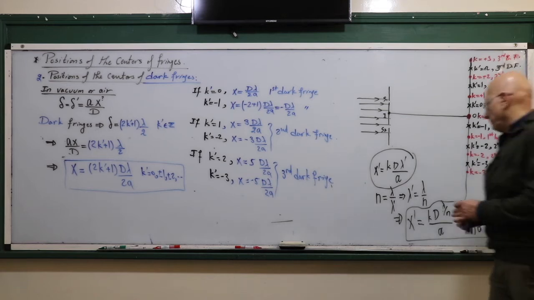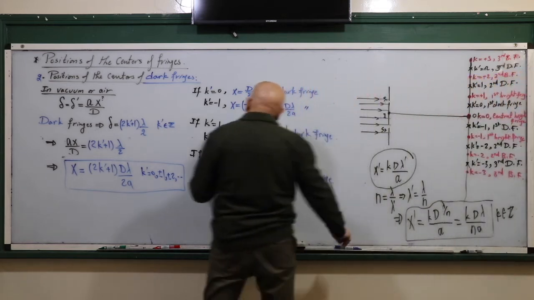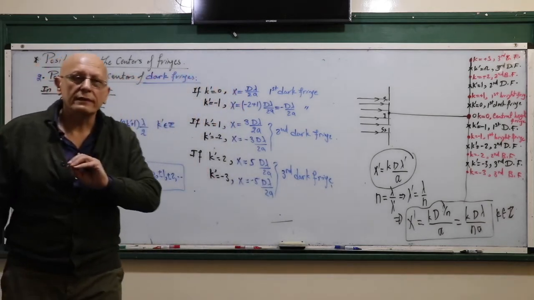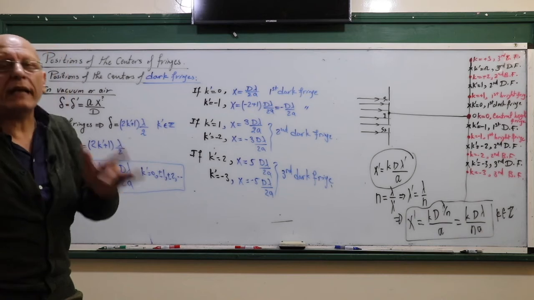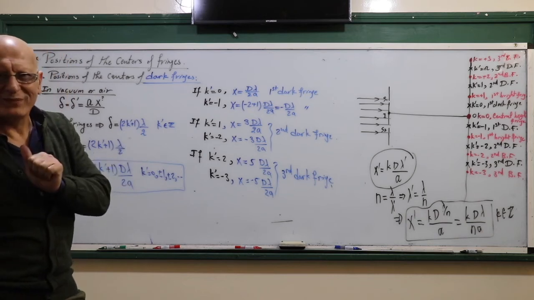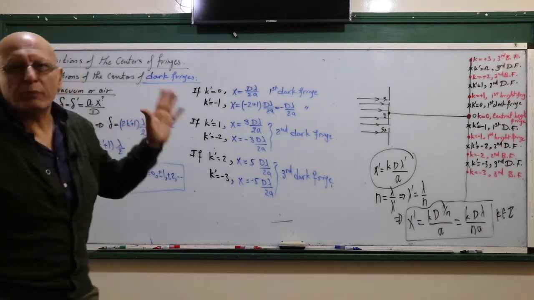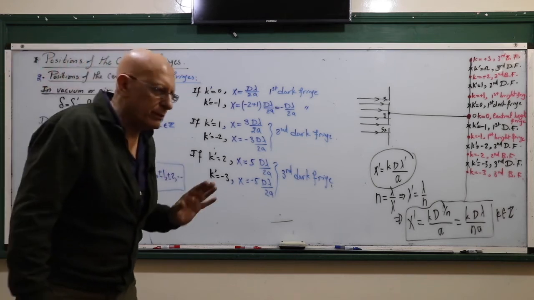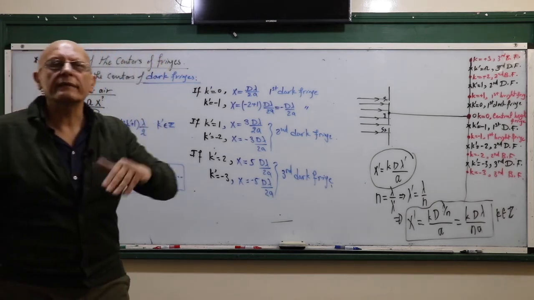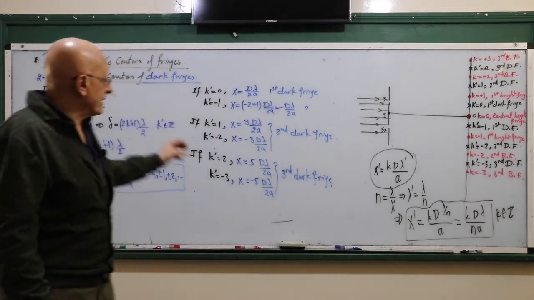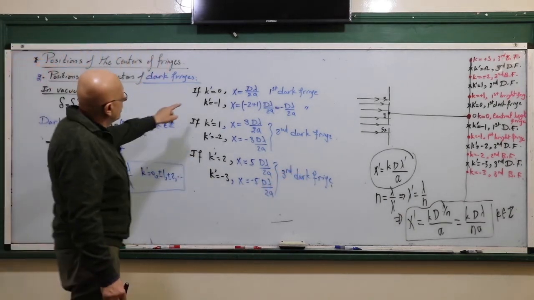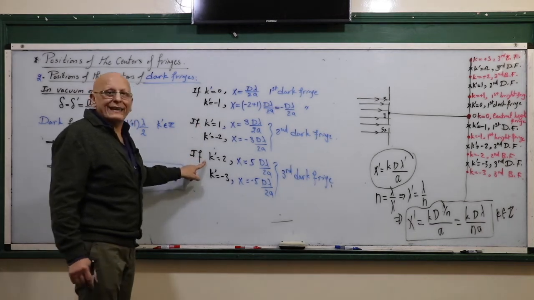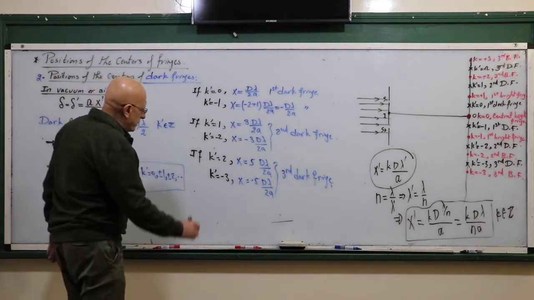Okay, so in case of dark fringes, you should distinguish between the order and the name of the fringe. There is no problem in the bright fringes between the order and the name of the fringe. But here we have a problem with the positive case that you should take care about. Look at K prime.